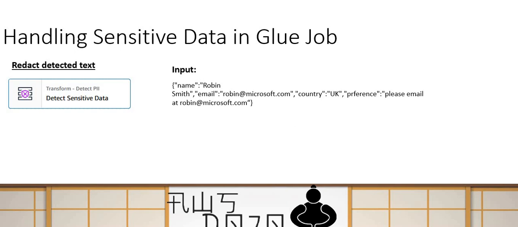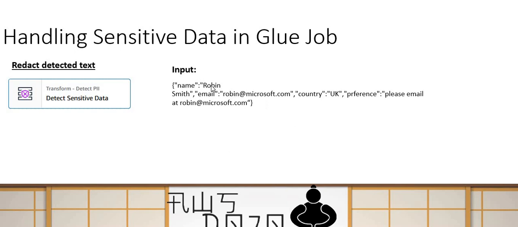Just giving one example so that you understand. Suppose your data is coming in the following JSON format, where you see it has an email address as sensitive data, something which can be used to identify a particular person.